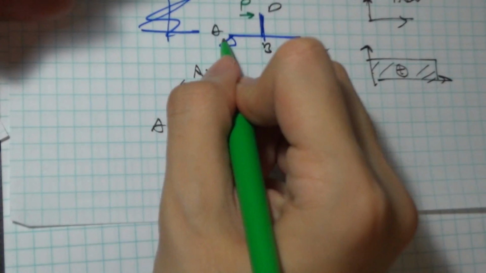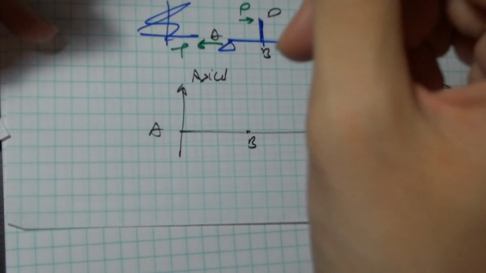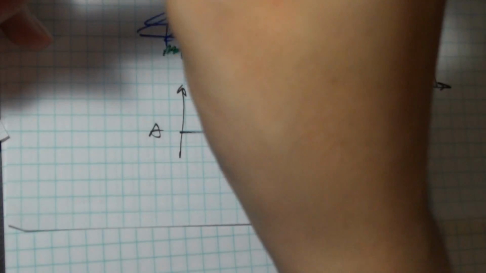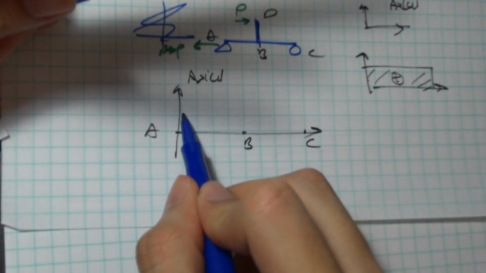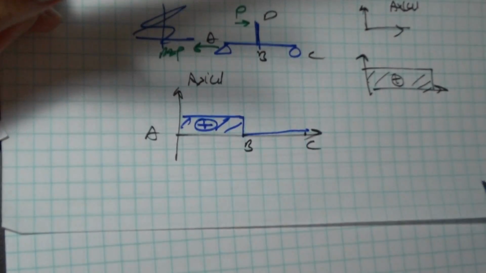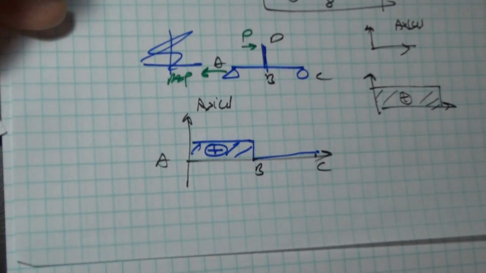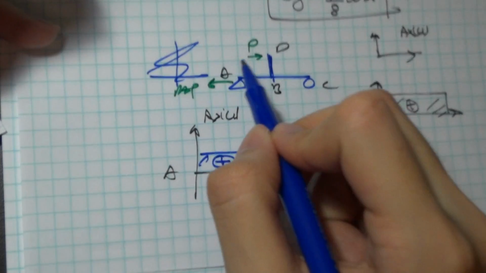I'm going to have some reaction this way, a P this way. I shouldn't use a negative sign there. P that way. And this is going to give me some tensile force in AB. So I'm going to have an axial force diagram that looks like this. So even though my force is acting out here, I actually develop an axial force in AB.